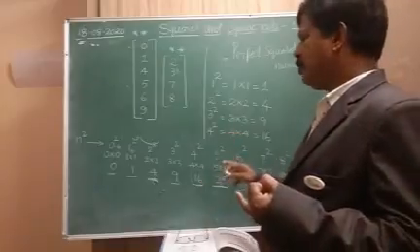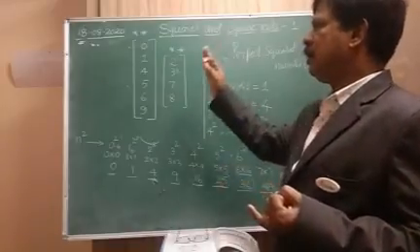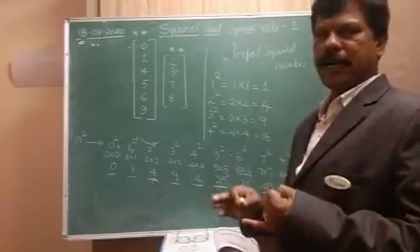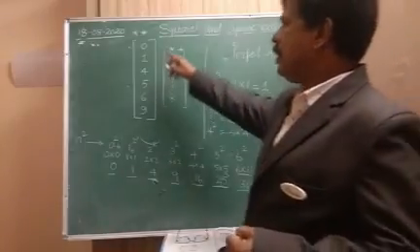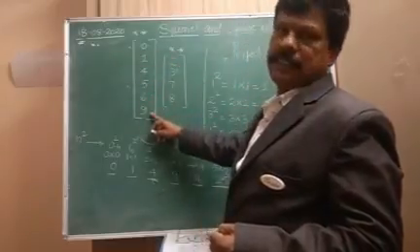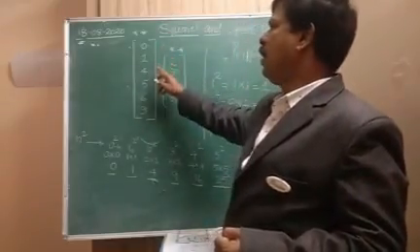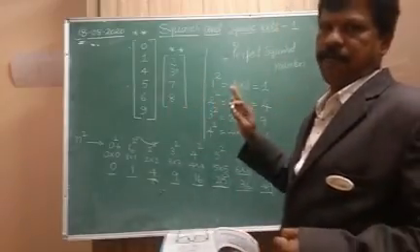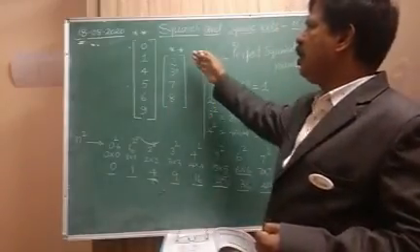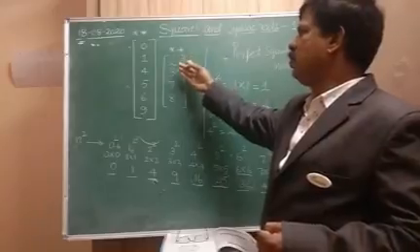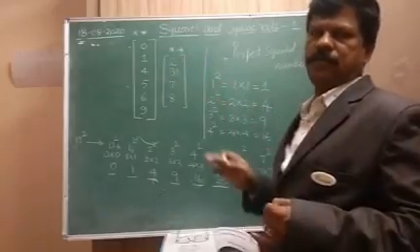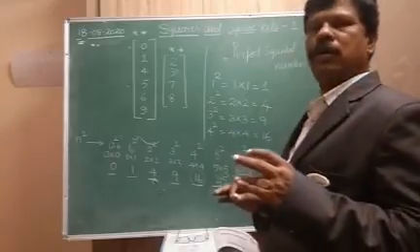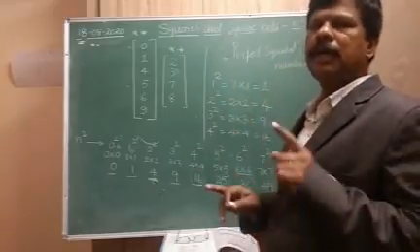Then, the second point is the unit place digits end with only these 6 digits: 0, 1, 4, 5, 6 and 9. The digits that do not occur are 2, 3, 7, 8. Clear?